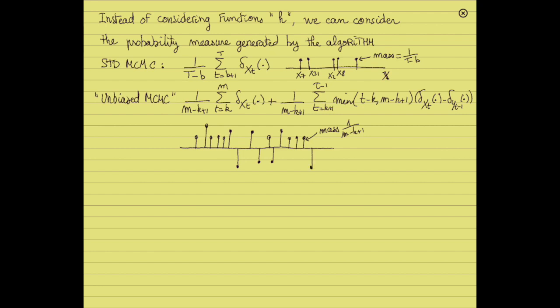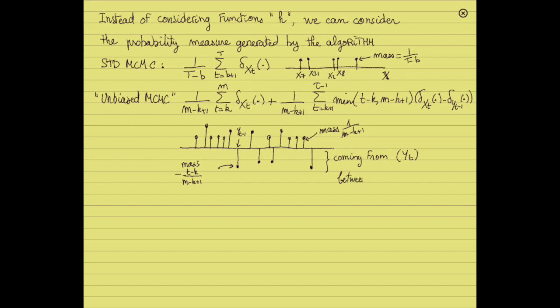So the negative ones come from the y's, and the positive ones come from the x's. And so a particular y might have a mass of minus t minus k divided by m minus k plus 1 for some t. So it's a bit peculiar. We have what's called a sign measure as a result of running the coupled chains up to their meeting time and up to step m.